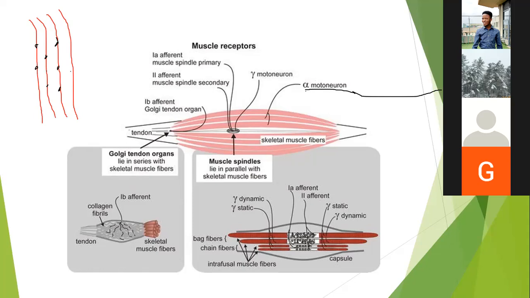Then we have another motor neuron that is bringing information straight to these muscle spindles, because if you enlarge one of the muscle spindles, this is the structure you get. So there are those neurons that will take information to the spindle. They are also motor neurons, but now they are of the gamma type, and we'll come to see what gamma is. So I wanted you to note those ones that are bringing information.